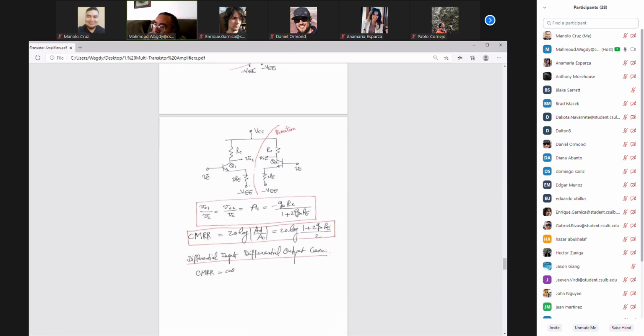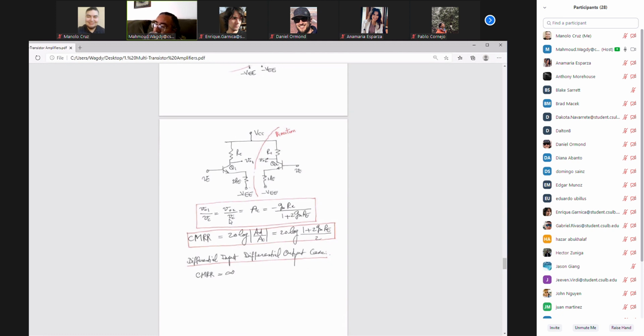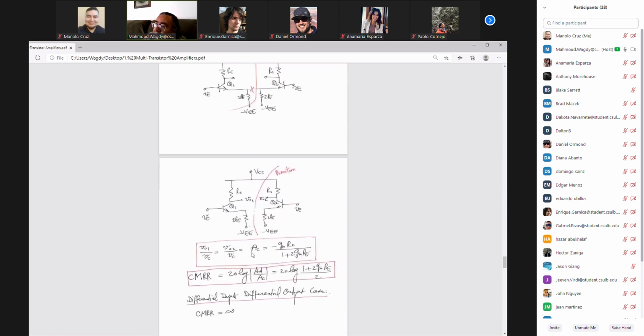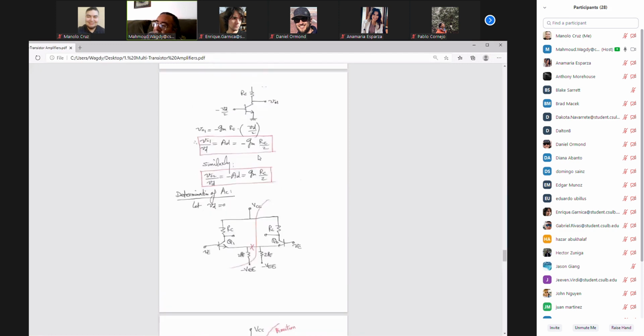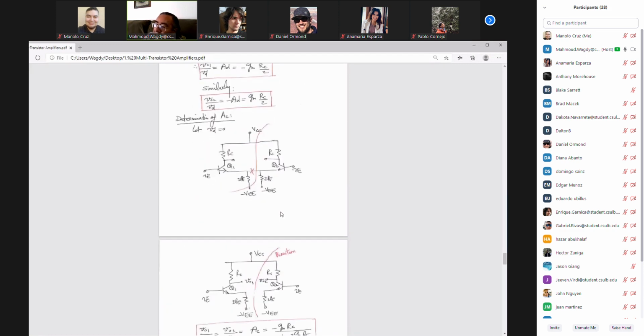So the gain of this, you have the knowledge from 330 to find the gain, the minus GMRC over 1 plus 2 GMRE. So now you have a formula for the common mode gain. We have a formula for the differential gain.